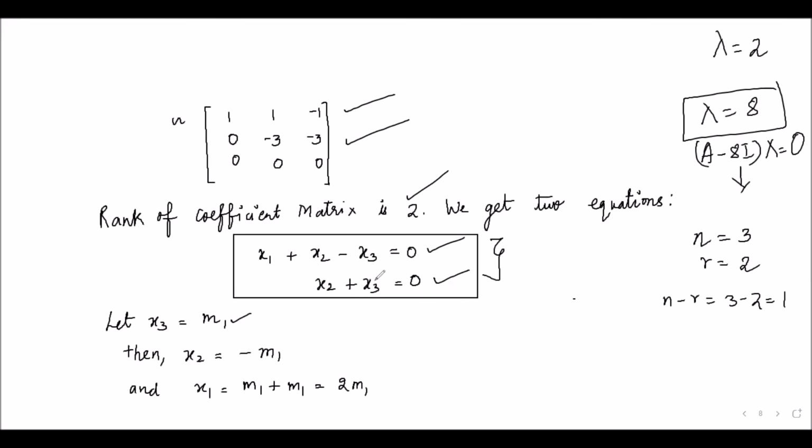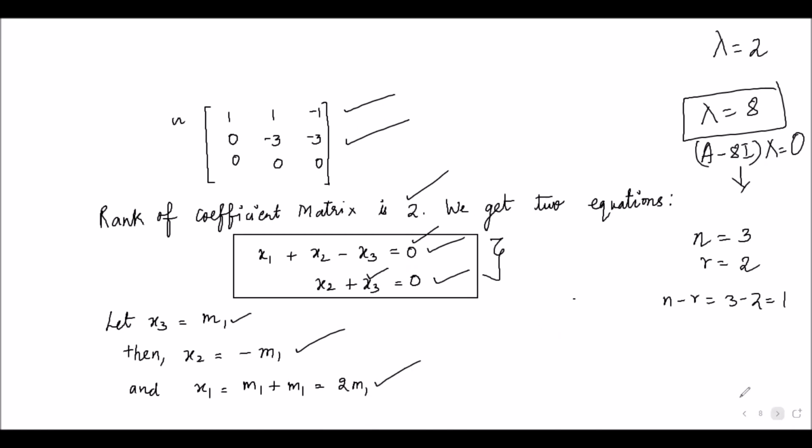If x3 is m1, we have to move in the backward direction because we will be finding the other unknowns x2 and x1 by back substitution. So if I put x3 as m1 in this equation, I will be getting x2 as minus m1. And if I put x2 and x3 in the first equation, I can find x1, and that x1 is 2 times m1.